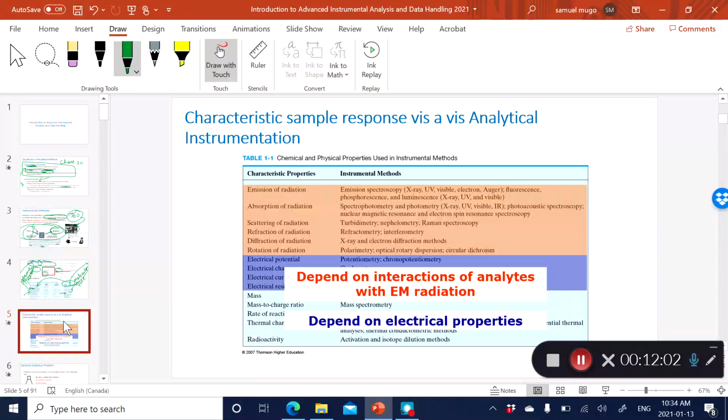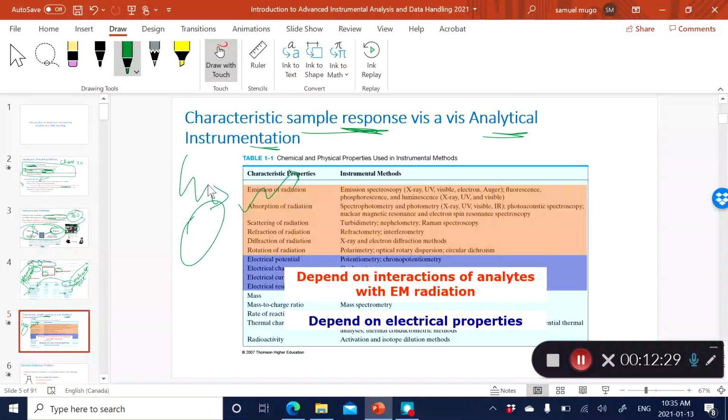And so in this slide, I'd like you to take note of the characteristic sample response vis-a-vis the analyte instrumentation. So as I said, if you take the energy from the probe and hit a sample, a response takes place. So the sample can absorb the radiation, for example, and that's the basis of spectrophotometry.